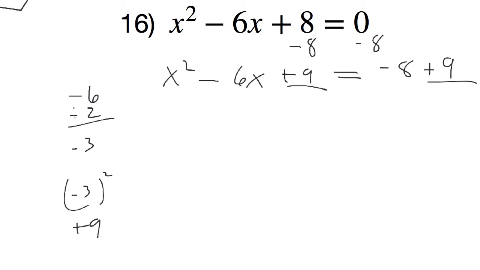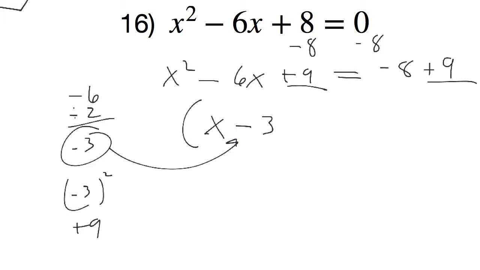We get something that we can factor. That is x minus 3 squared, and then negative 8 plus 9 is 1.